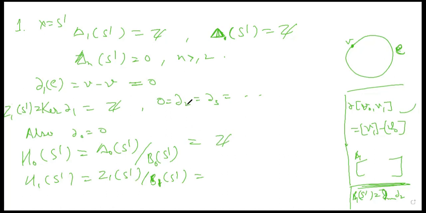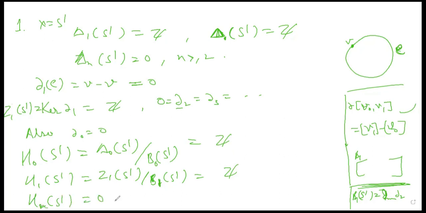But there are no two cells, right? There are no two-dimensional simplices. So this is 0. Or you can say that delta 2 is 0. So this Z1 S1 is Z, so this again becomes Z. And H2 S1 is 0.